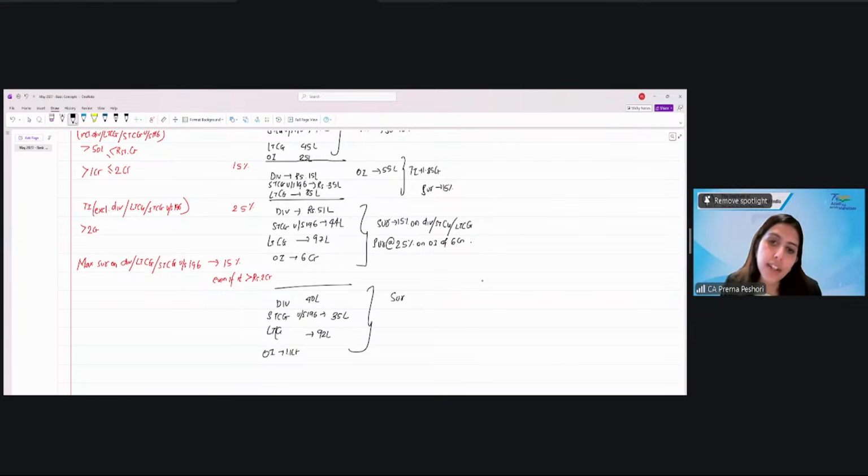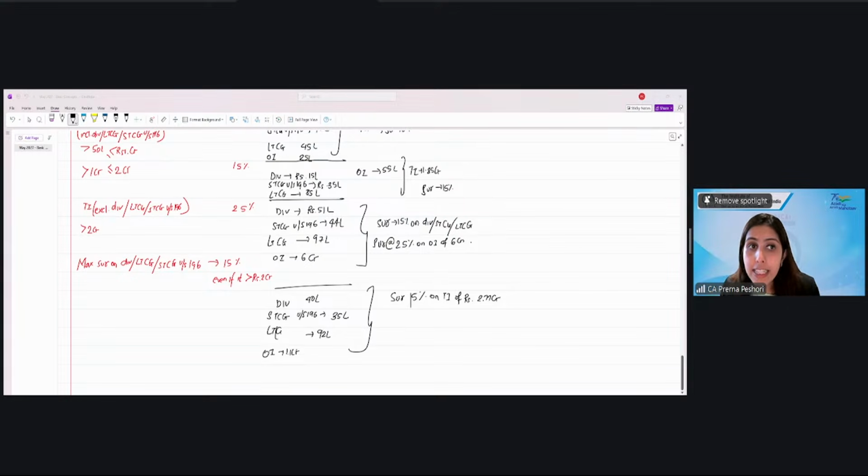So in that particular case, I will have surcharge of 15% on the total income of rupees 2.77 crore. I hope you are able to understand and appreciate this point. Okay? So on the total income, you will first calculate the tax and then you will decide the surcharge rate.